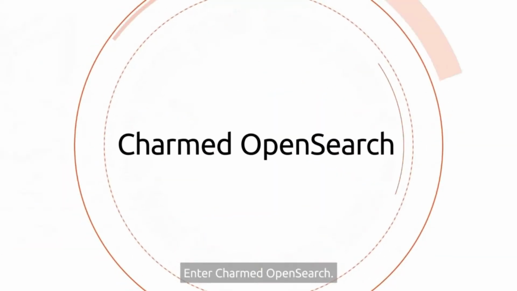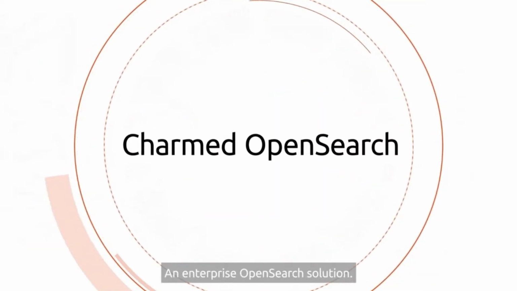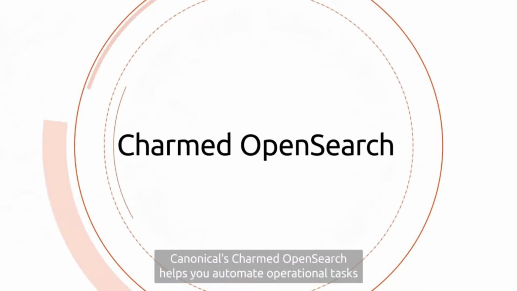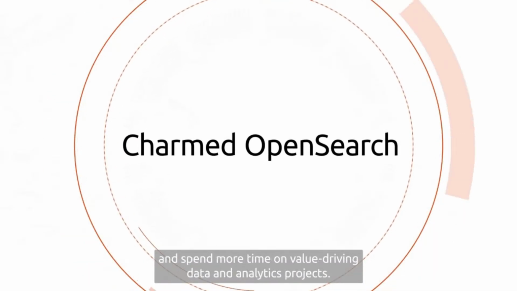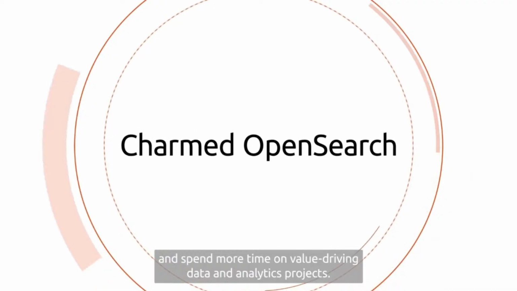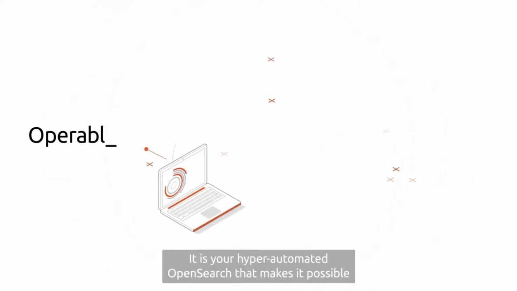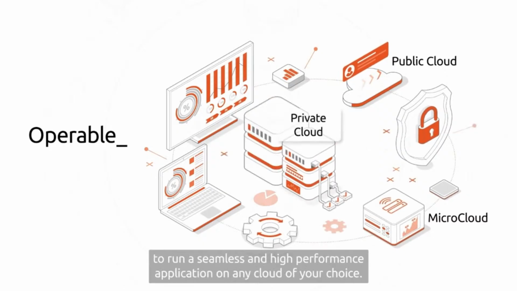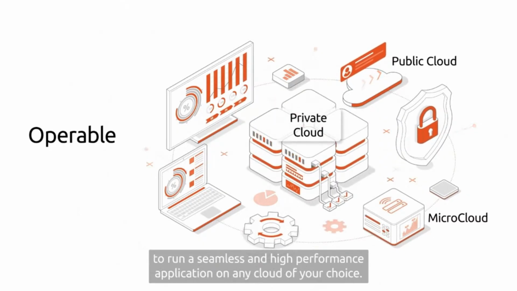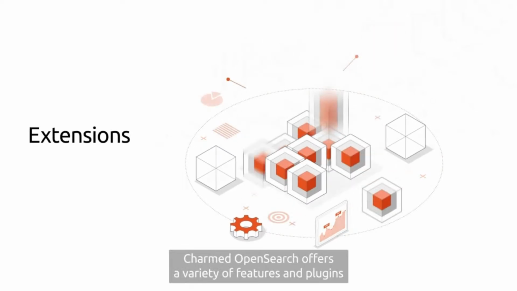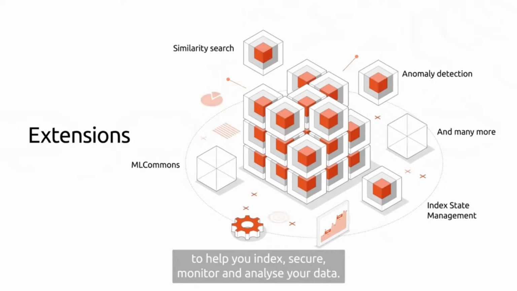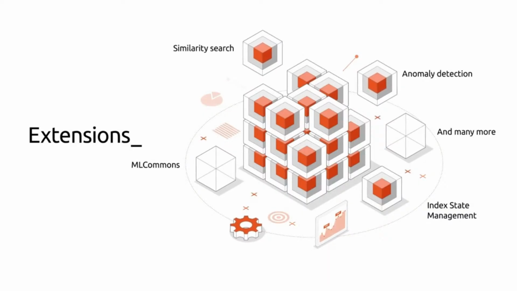But what if there was an easier way to get more out of OpenSearch? Enter Charmed OpenSearch, an enterprise OpenSearch solution. Canonical's Charmed OpenSearch helps you automate operational tasks and spend more time on value-driving data and analytics projects. It is your hyper-automated OpenSearch that makes it possible to run a seamless and high-performance application on any cloud of your choice. Charmed OpenSearch offers a variety of features and plugins to help you index, secure, monitor, and analyze your data.